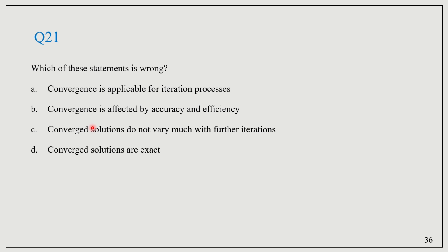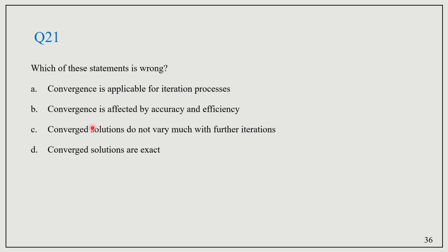Option D, converged solutions are exact. As I mentioned, convergence is applicable for iteration processes, and it is affected by accuracy and efficiency. This is also true. And converged solutions do not vary much with further iterations. That is again true because we call it converged when the variation is below a very low value.